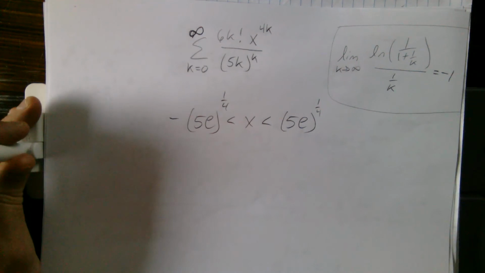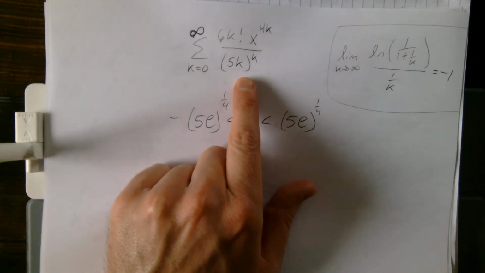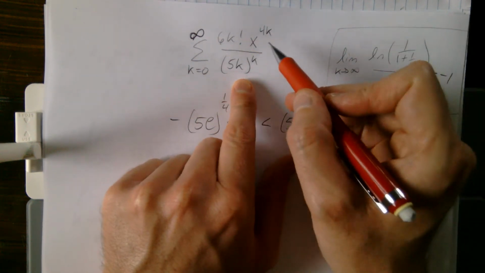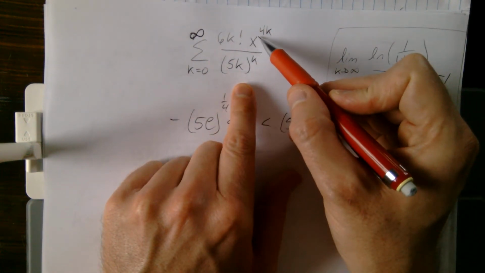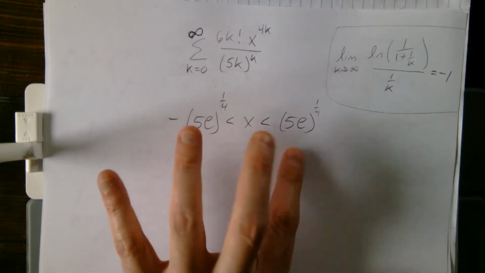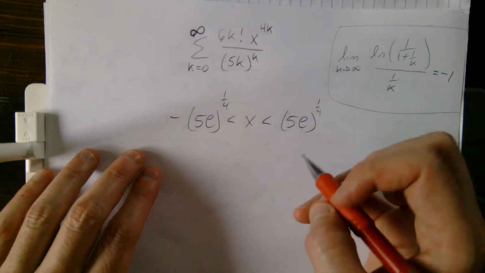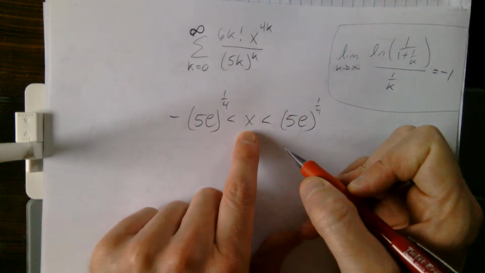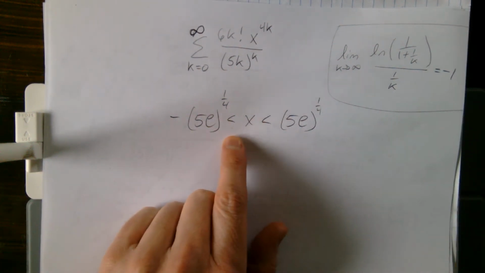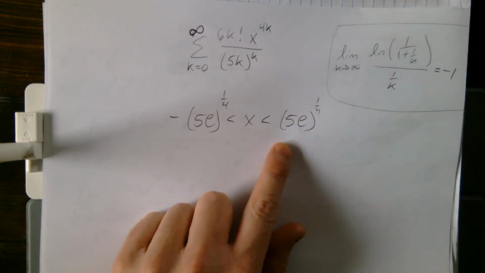So how do you test endpoints? Well, we determined the interval. We determined that this power series that has a variable x in it converges when x is between some values. So just plug in the extreme values of that. And if you want to prove that this is true, it's not an exhaustive proof, but you can choose values in between.